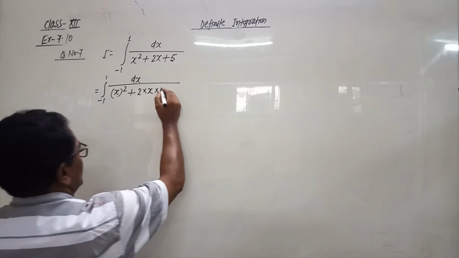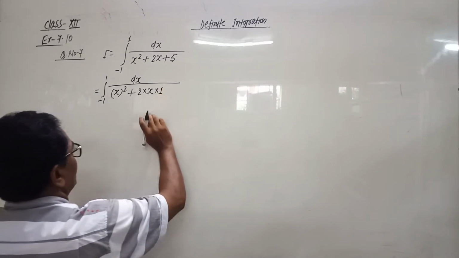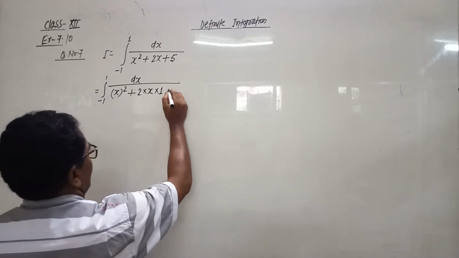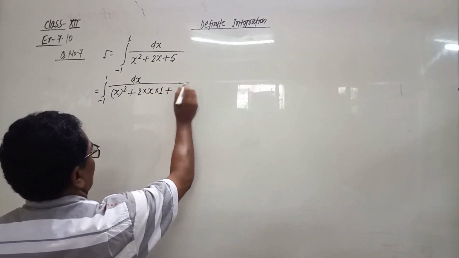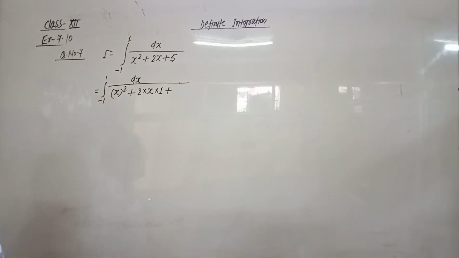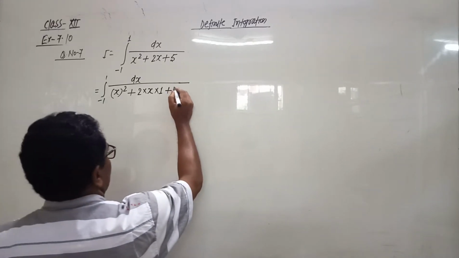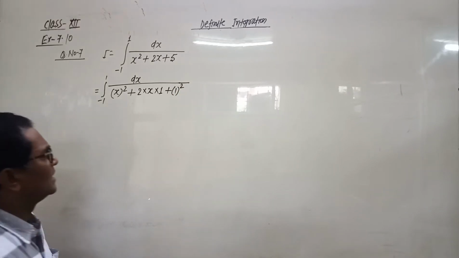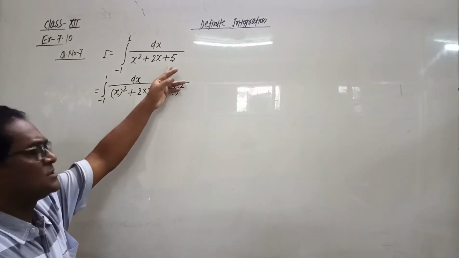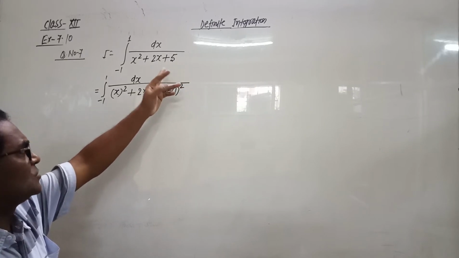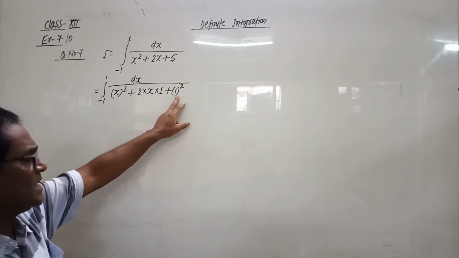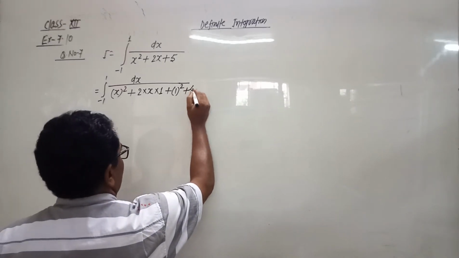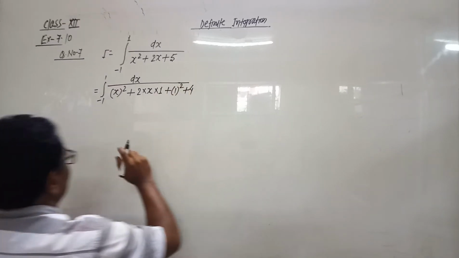The value of b should be taken as 1, because 2x into 1 gives 2x. Then we write b square, and b is 1, so b square is 1. The constant term should be 5, so what should be added to 1 to get 5? 4 should be added to 1 to get 5.